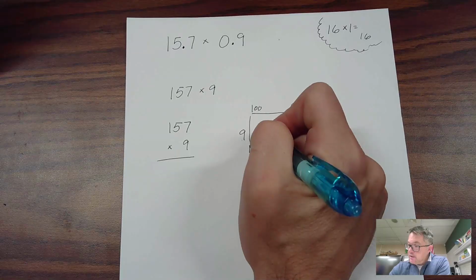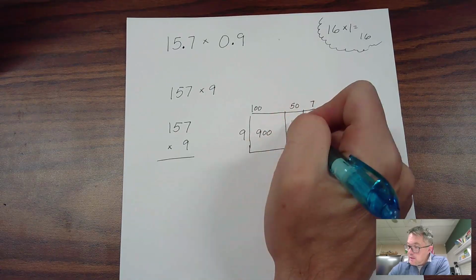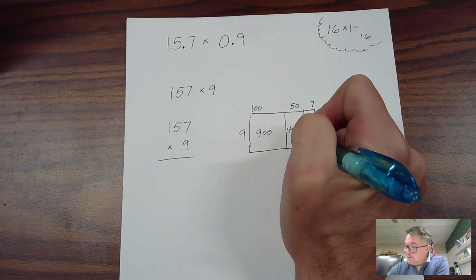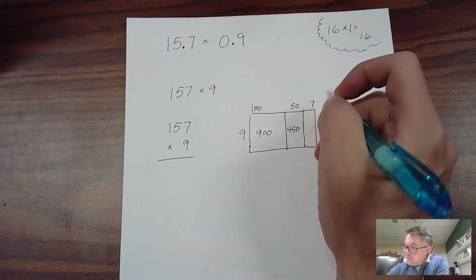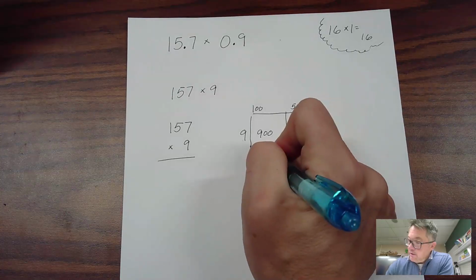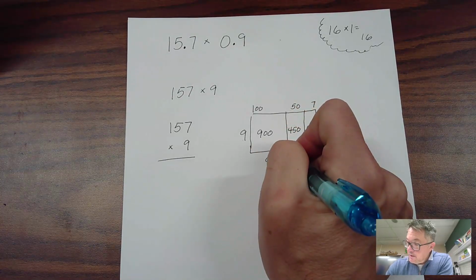9 times 100 is 900. 9 times 50: 9 times 5 is 45, times 10, 450. 9 times 7 is 63. And then I go ahead and add those up.